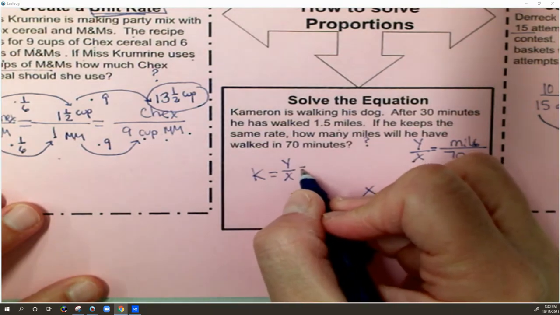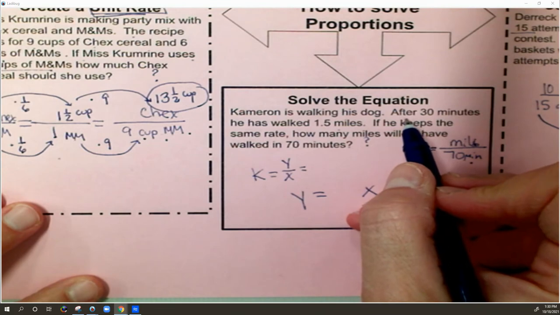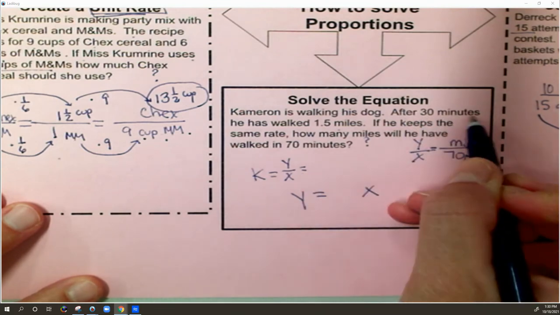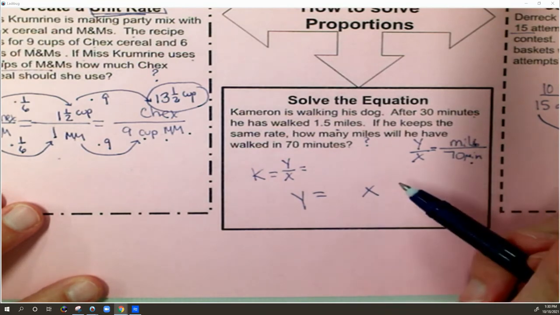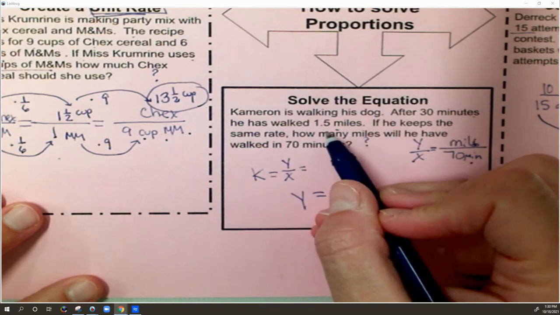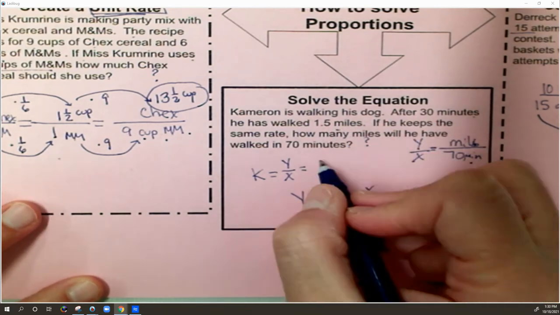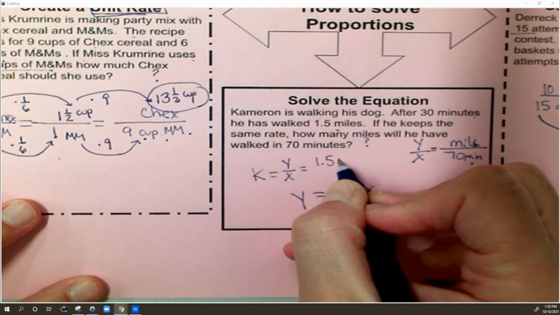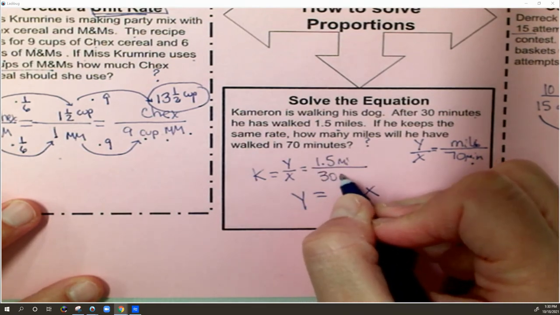So now I go back to the original numbers I was given as my original rate. 30 minutes is 1.5 miles. The thing that people sometimes do is take the bigger number and put it on top. But in this case, the miles is the dependent, so the 1.5 miles goes on top, and I'm going to put that over the 30 minutes.